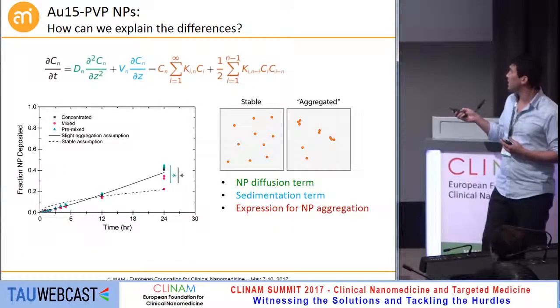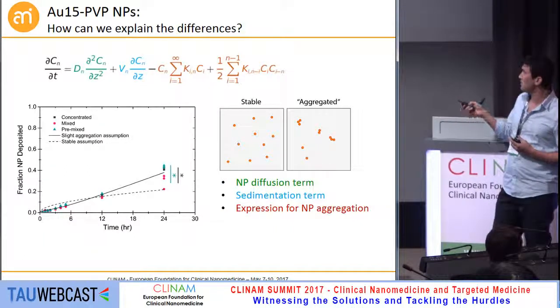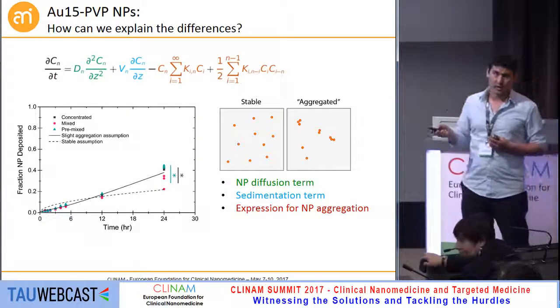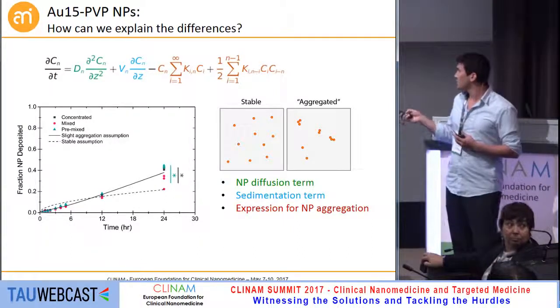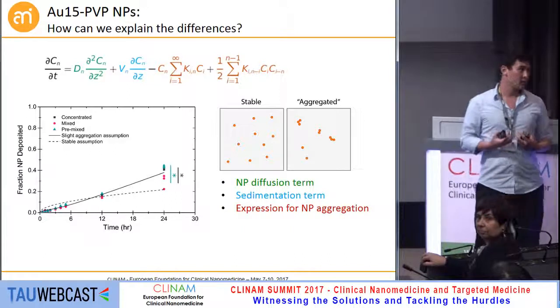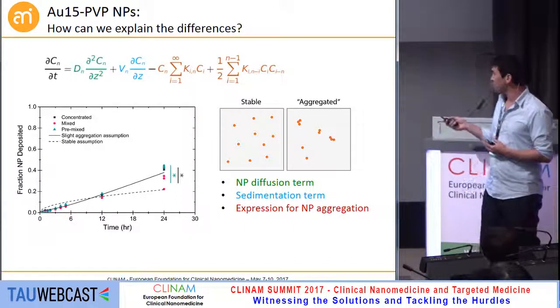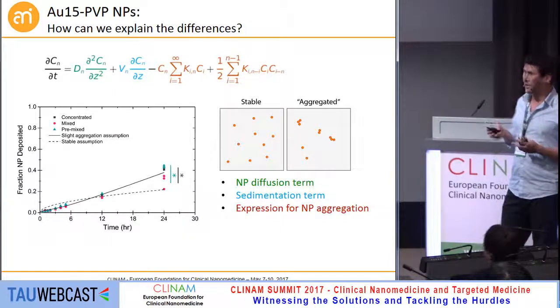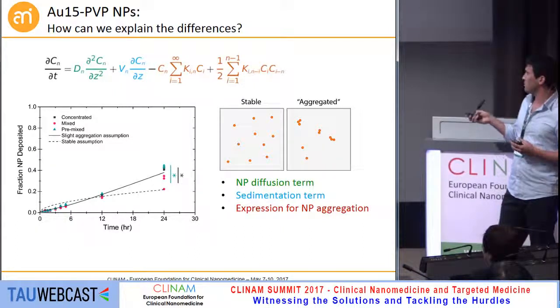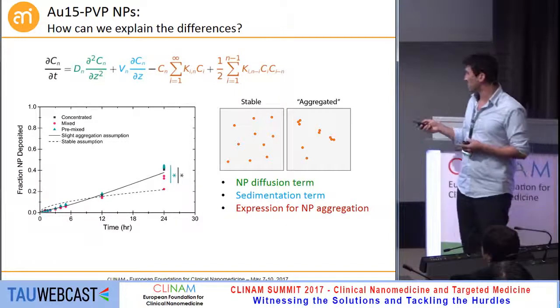So what he did was he modified this ISDD model and, to try and figure out what might be happening, added a component, an expression for nanoparticle aggregation. And what we saw is that this fitted better. So while we were not able to detect this with the UV-Vis or with the DLS, we did see that perhaps there's some kind of clustering happening, which would maybe explain why we see this phenomenon.